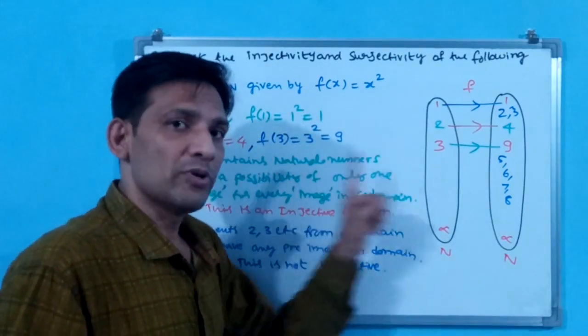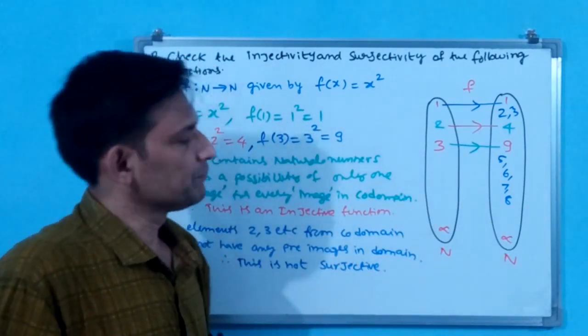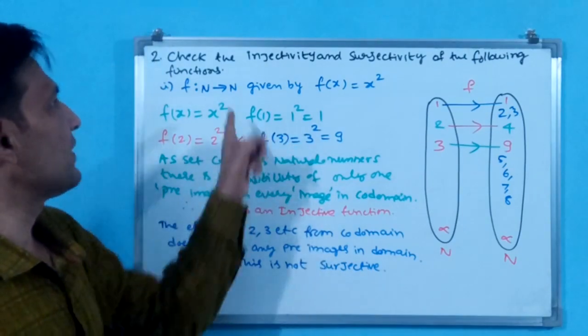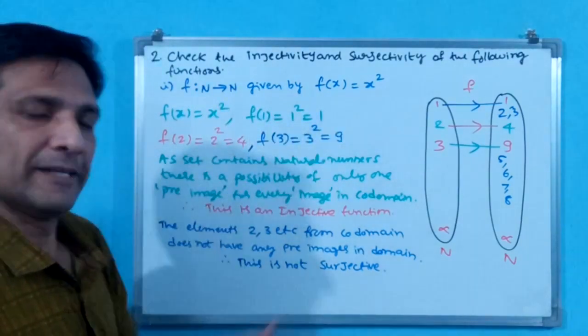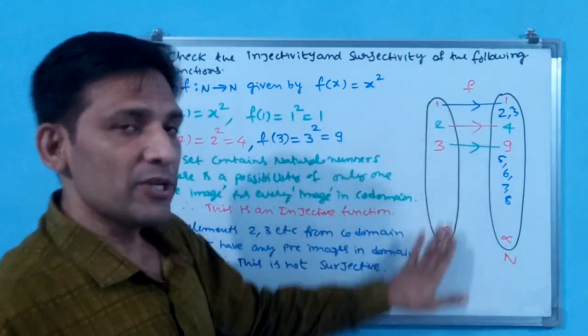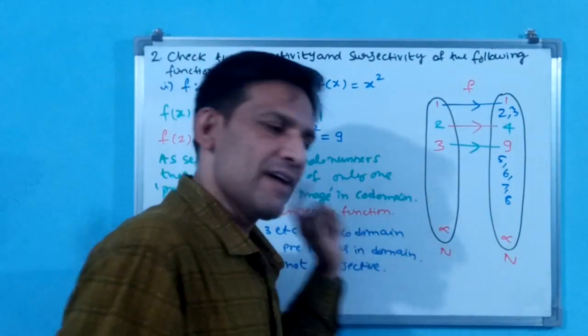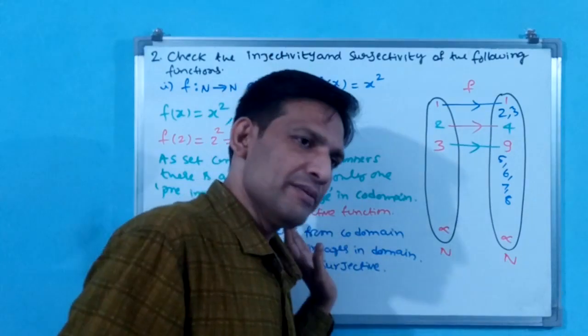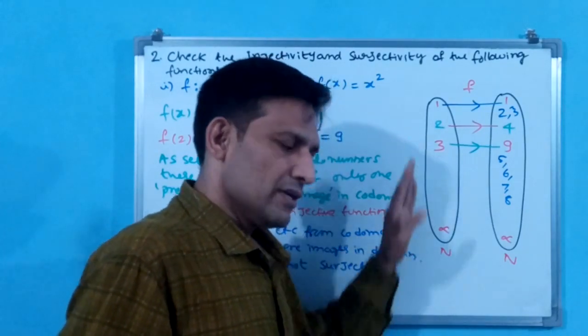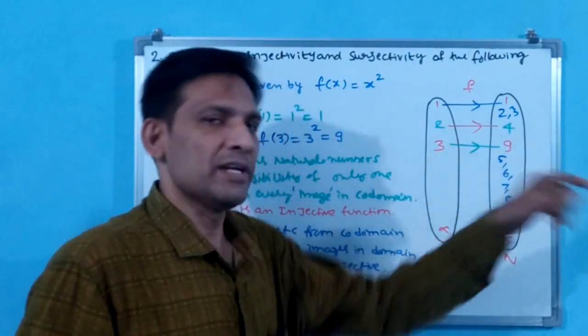Then only this is going to be called a function. From this side you need not worry. Here 5, 6, 7 are there. What about this side? This side, every element will have a relation.